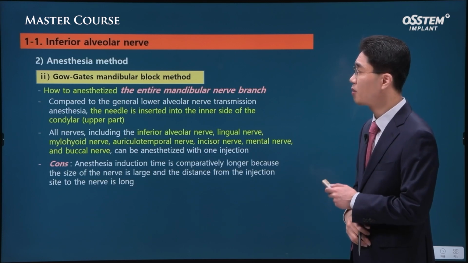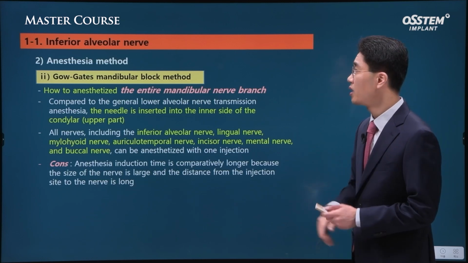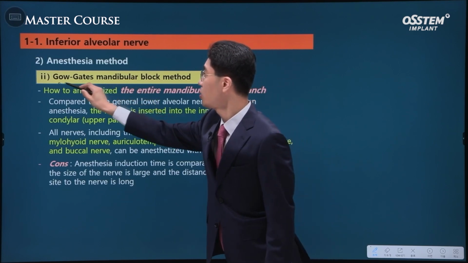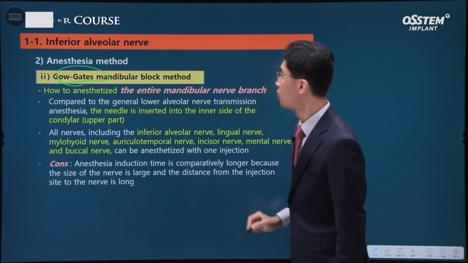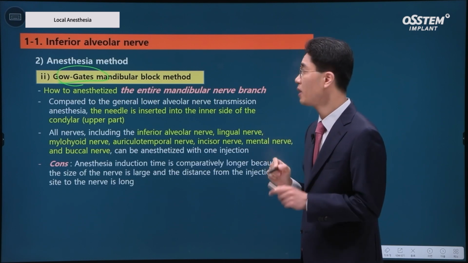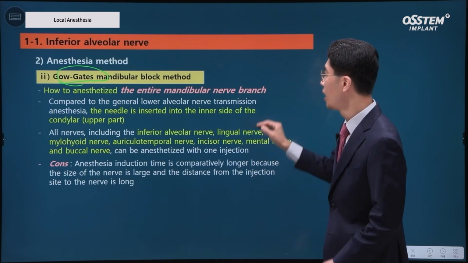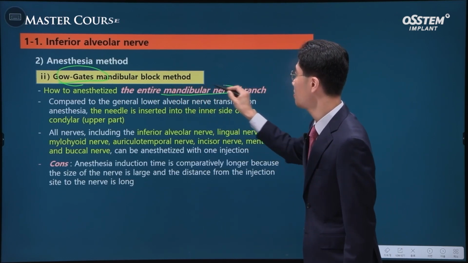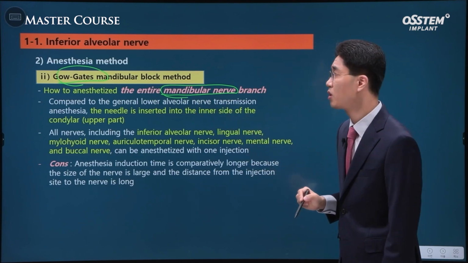A dentist called Gow-Gates devised this method. It does anesthesia not just on the inferior alveolar nerve, but on the entire mandibular nerve. The entire mandibular nerve branch is anesthetized. A more extensive effect can be gained.